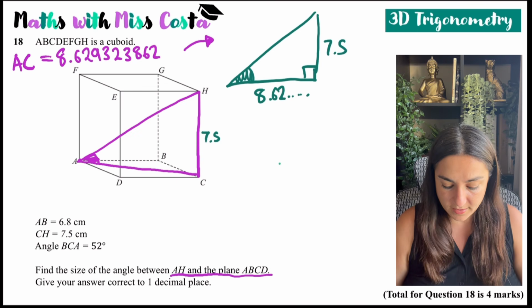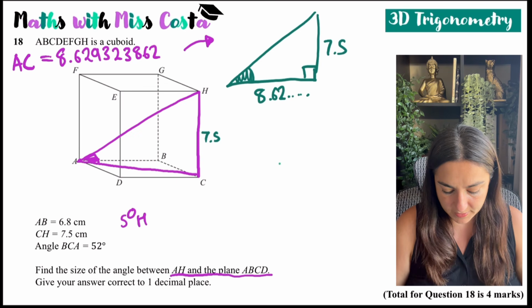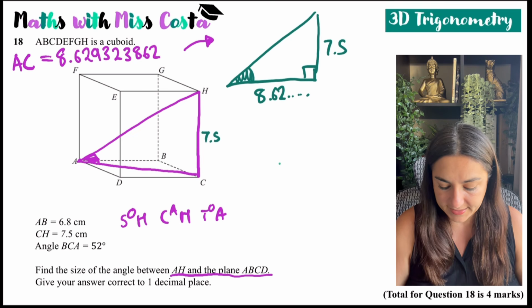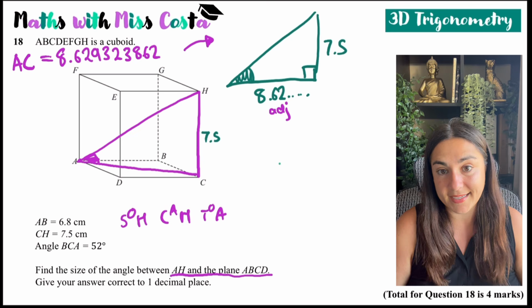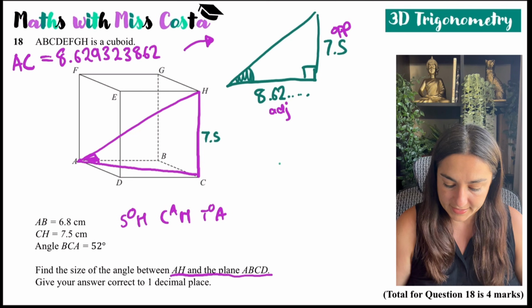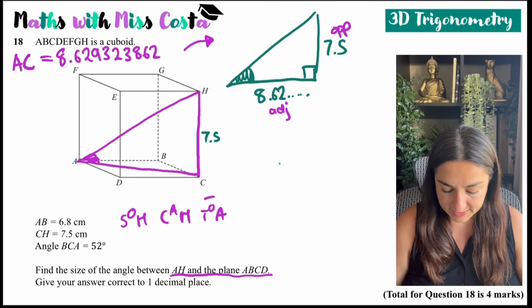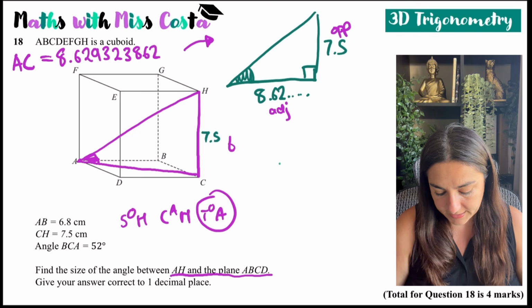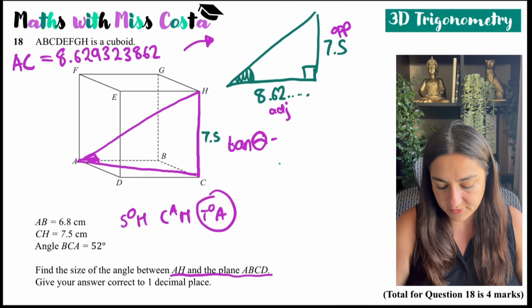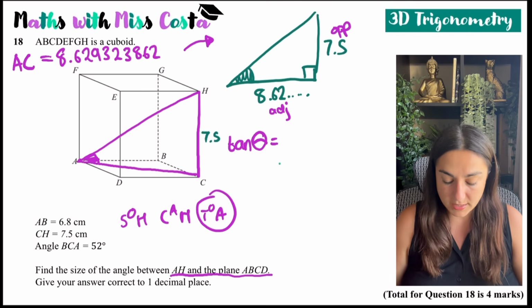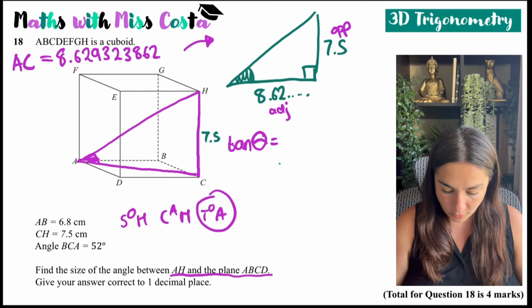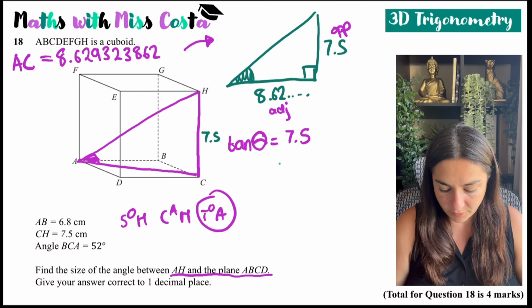Once again, I'm going to write out SOHCAHTOA, just because it's good practice. Label my triangle. This is the adjacent because it's next to the angle, and this would be the opposite. So I'm using the adjacent and the opposite, which is tan. So tan theta, and theta is just a symbol for an angle, is going to be opposite, which is 7.5, over adjacent.